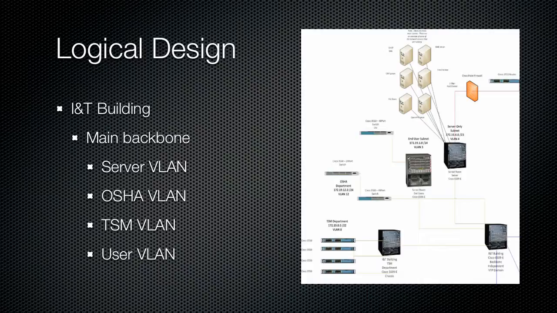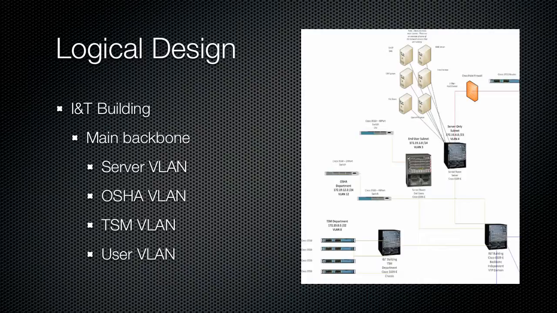In the INT building, there are a few switches that connect to this main backbone that allows all end users, workstations, and lab machines to connect to the university's network. There is a server VLAN, there's an OSHA VLAN, there's a TSM VLAN, and then there is a general end user VLAN, which is used for faculty and end users.